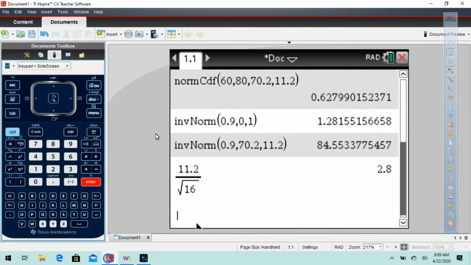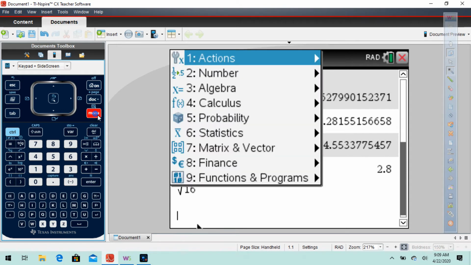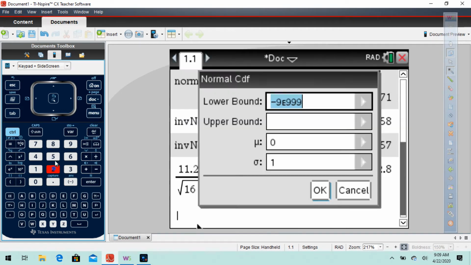All right, now let's see. Menu 5, 5, 2. Lower bound is negative infinity. Upper bound is 75. The mean is 70.2, and the standard deviation, I know I calculated it over here, but in the lesson I always did 11.2 divided by the square root of 16.